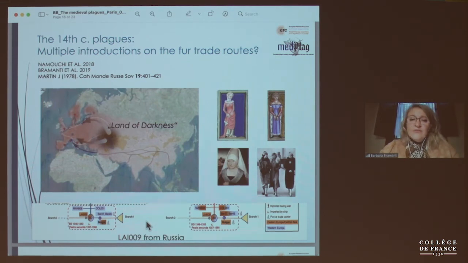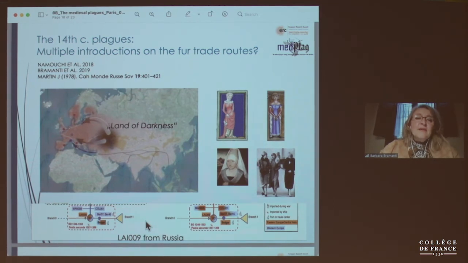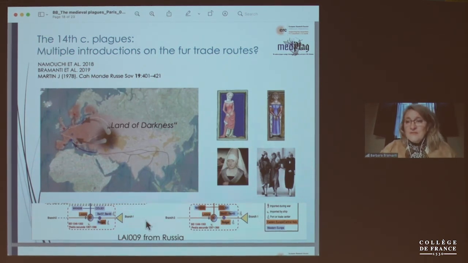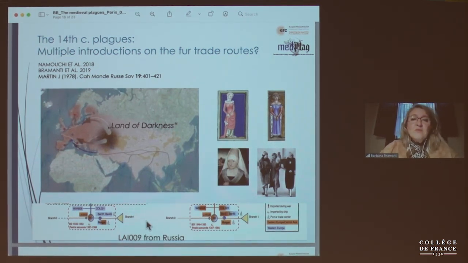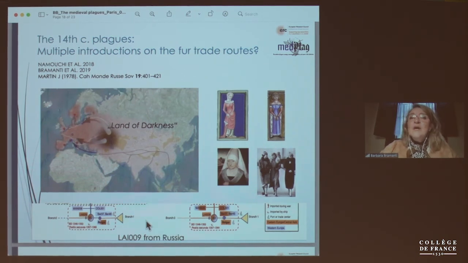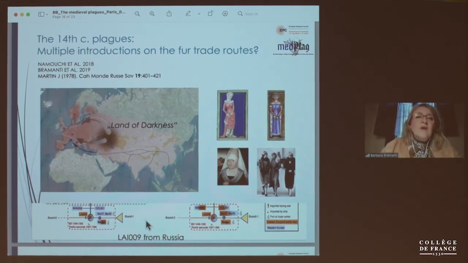So to explain this situation, we have proposed that plague was introduced on the fur trade routes. Why this? Well, we asked ourselves what is the land of darkness, and by doing some research, we found that it was the name used by the merchants of this period to define the place where the best fur came from, and in general, the trade routes of the fur.